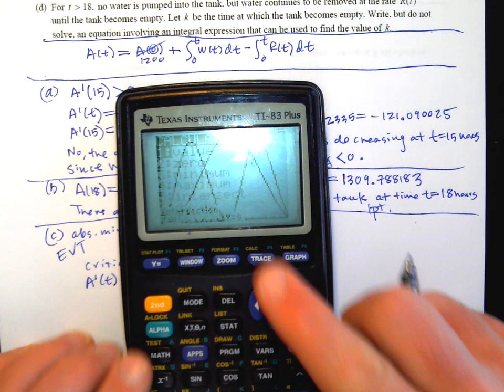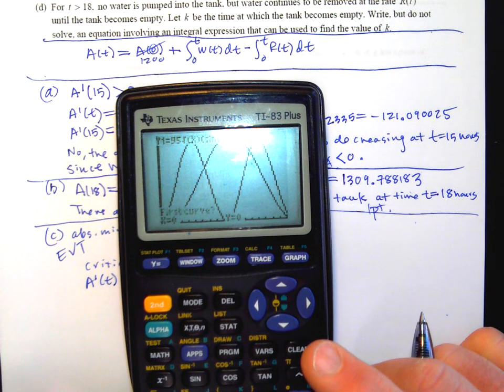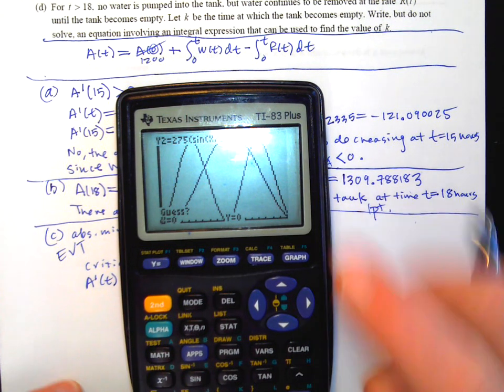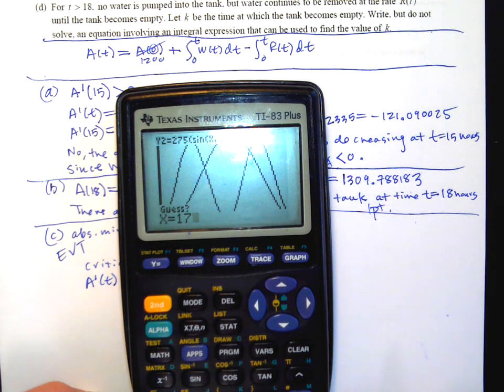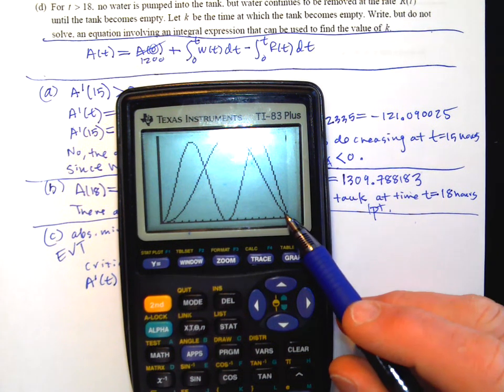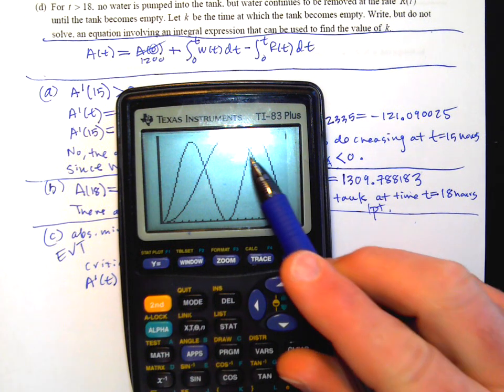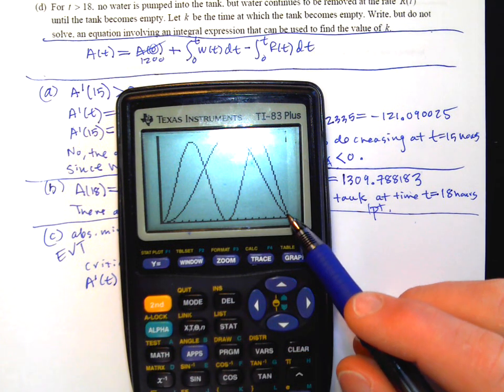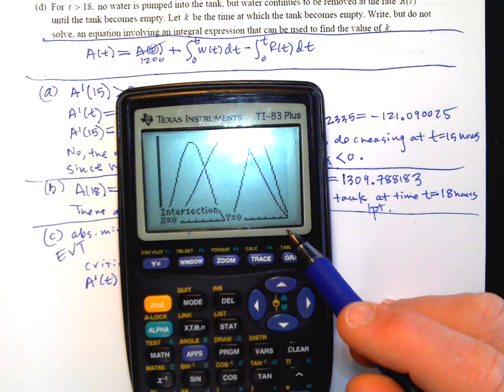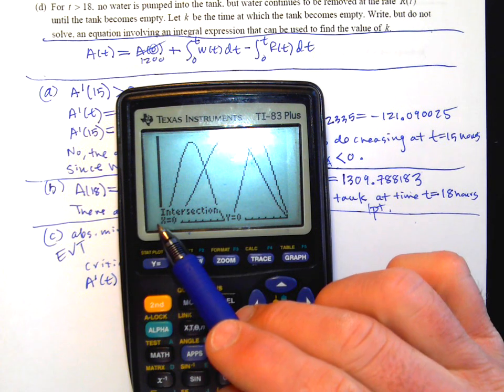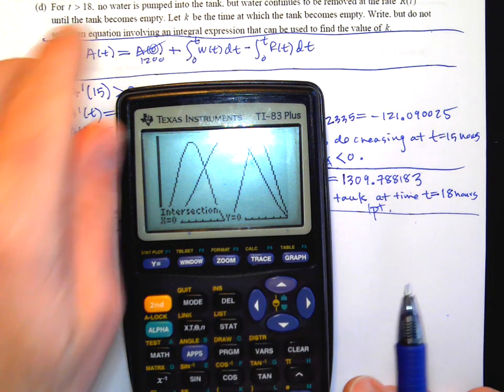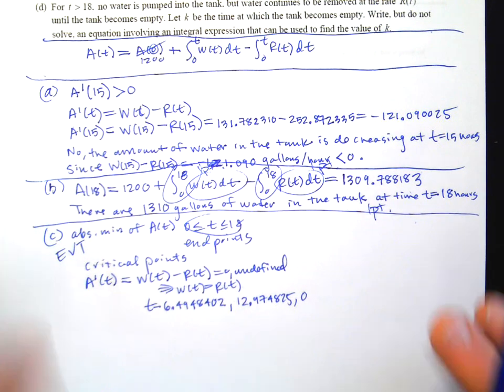Now this goes to 18, so you could guess 17.5. If there is one, it'll find the one that's closest to your guess. Otherwise, it's going to find this one, which is further away, which means there wasn't one over here. Wow, I found that one over there. It's kind of weird. Anyways, okay, so we have our critical points.